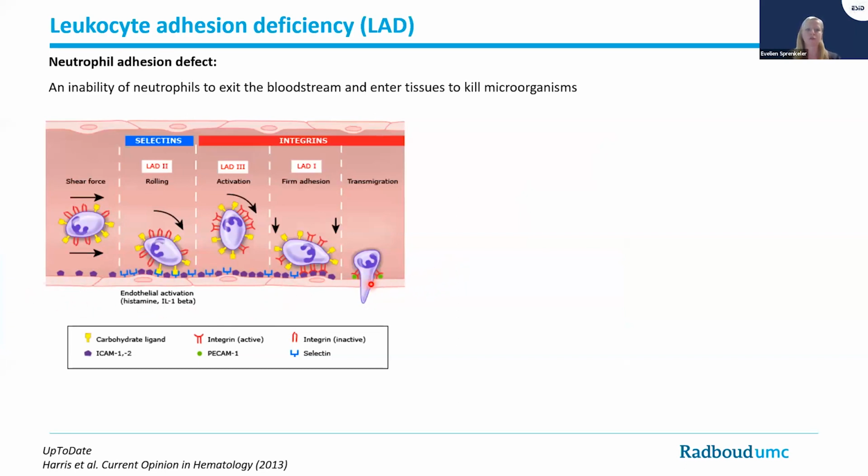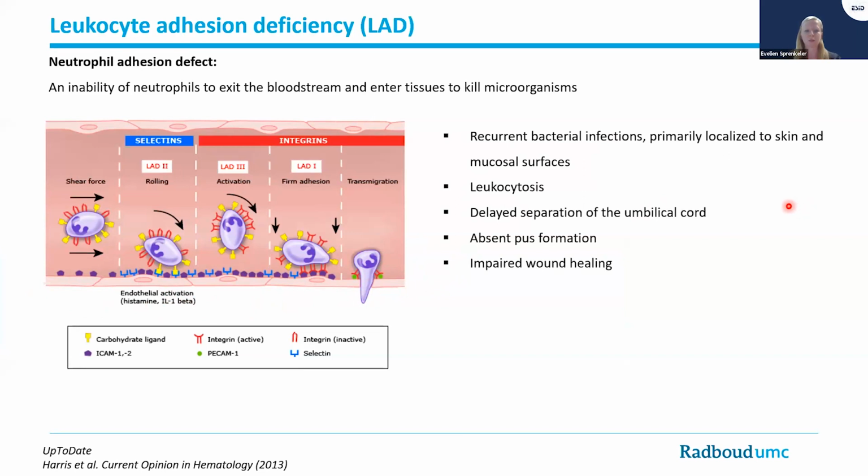And because neutrophils are unable to adhere to the endothelial cells, they're not able to transmigrate into the tissue. So they can't exit the bloodstream and enter the tissue to kill microorganisms. So patients with LAD suffer from recurrent bacterial infections, leukocytosis, because the neutrophils can't leave the bloodstream. Characteristic is also a delayed separation of the umbilical cord and impaired wound healing.